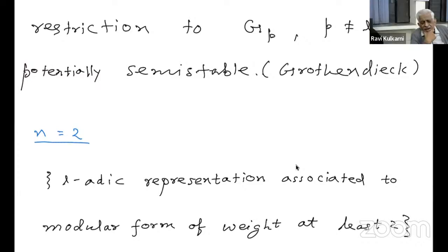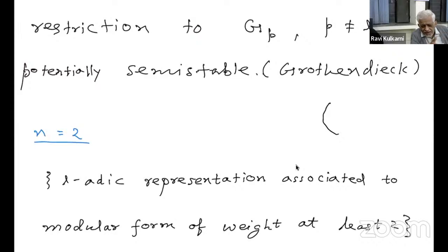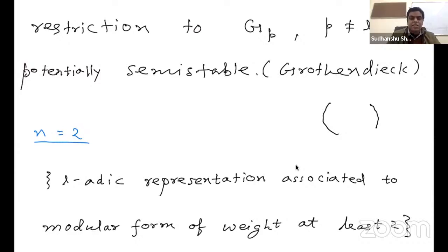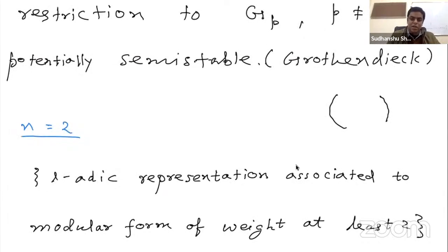And unramified, it just means that the restriction to the inertia group is trivial. So it's just a representation of the Galois group of the residue field. Okay, so that's what it means. The definition of unramified is just that.